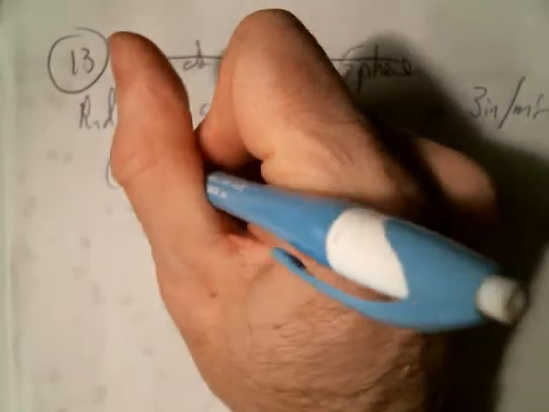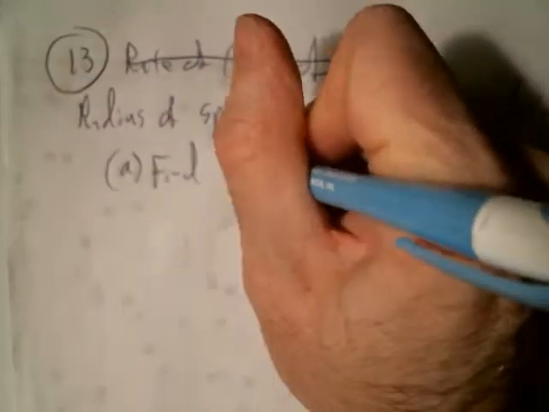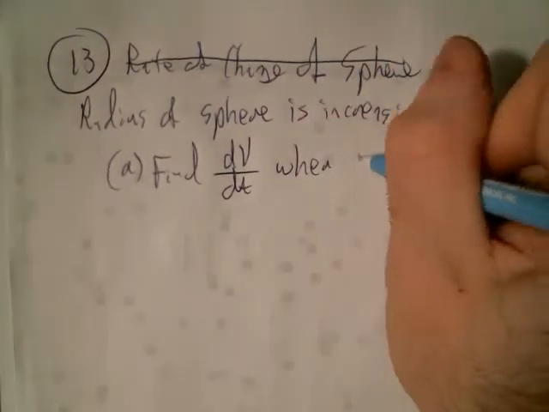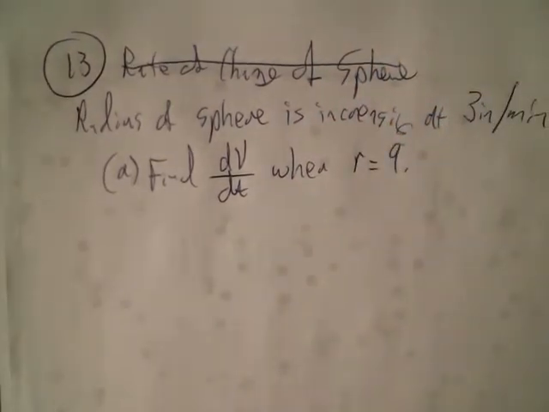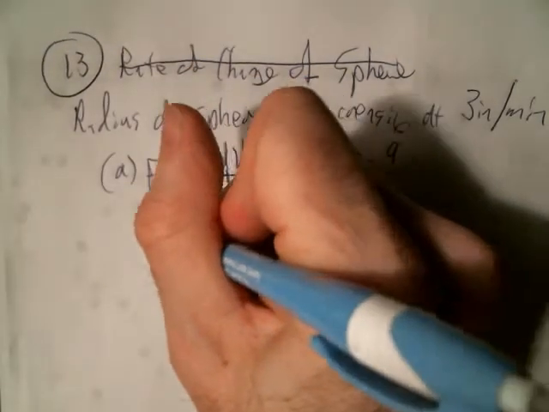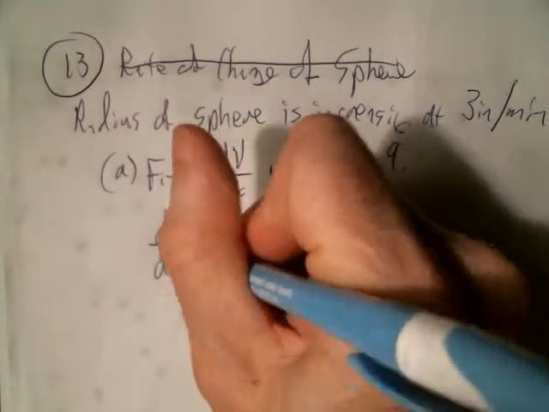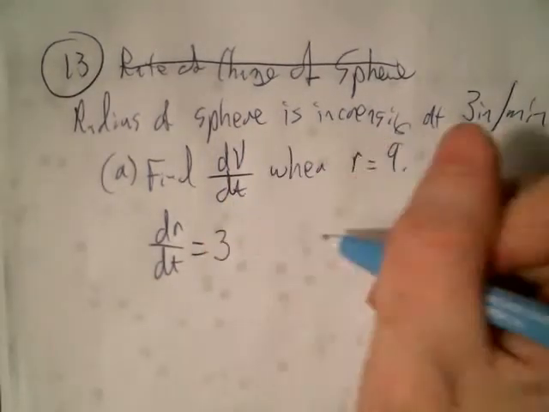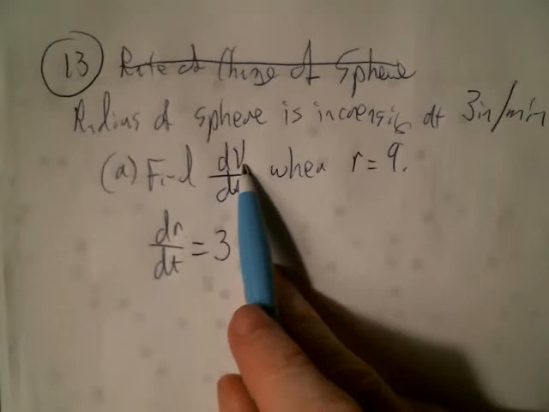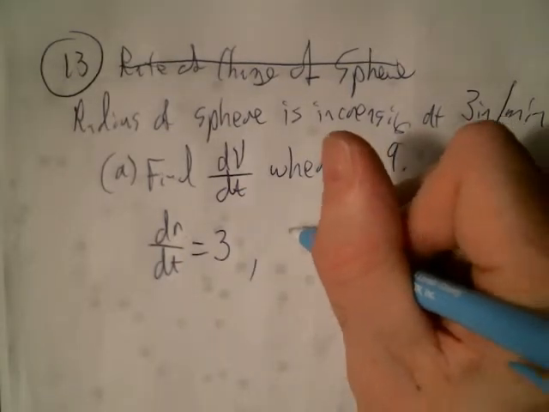Okay. Part A, find dV with respect to t when r is 9. Okay, so we're given the rate of change of the radius, so dr with respect to dt is 3 inches per minute. Okay, we need a formula to connect r to V, so that's easy from geometry.